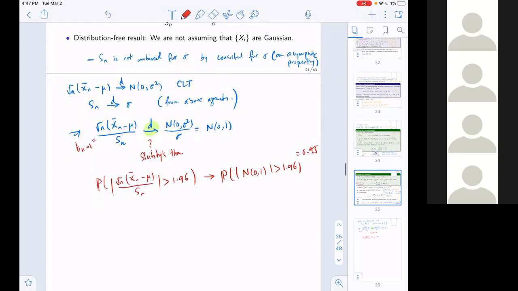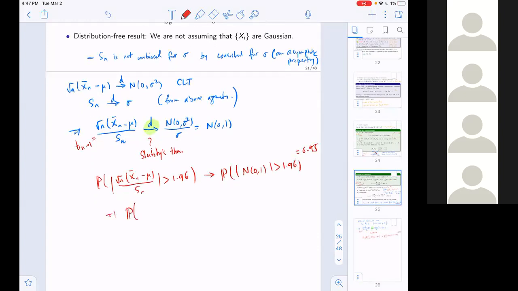So from this, you get that the probability that mu is in x bar n minus S n divided by root n times 1.96 and x bar n plus S n divided by root n times 1.96 converges to 0.95.